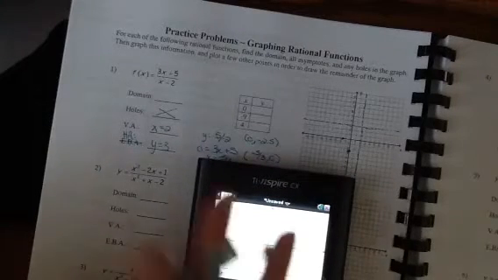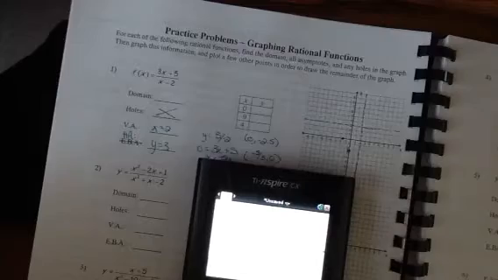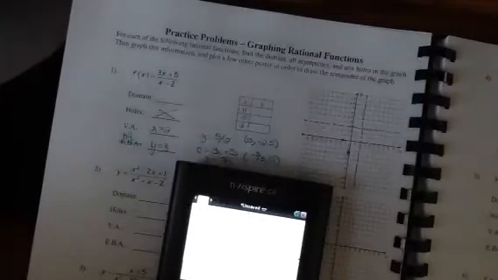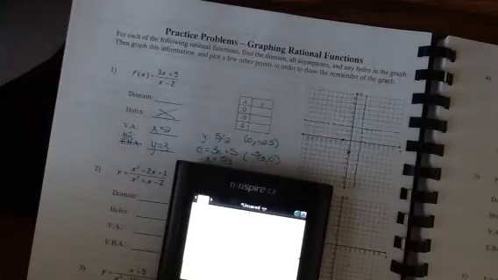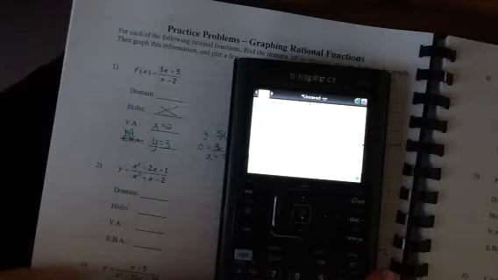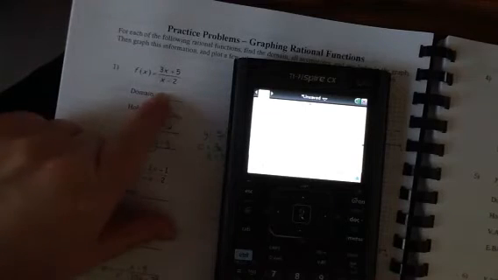If I type in my equation right here, so I'm going to do a fraction. And you can't see that, but all I'm going to do is type in 3x plus 5 in the numerator. And then in the denominator, I'm going to type x minus 2.